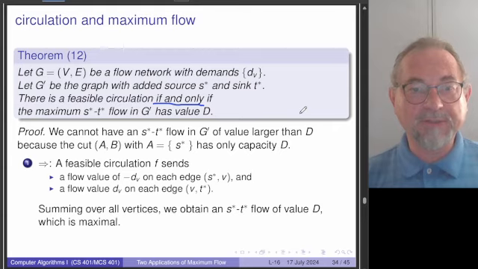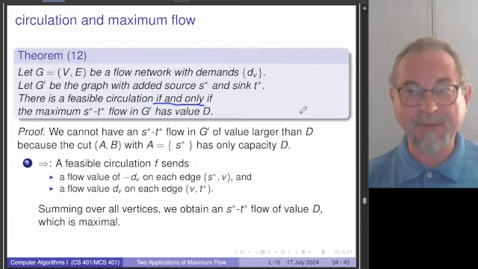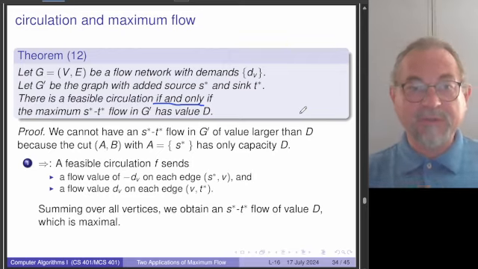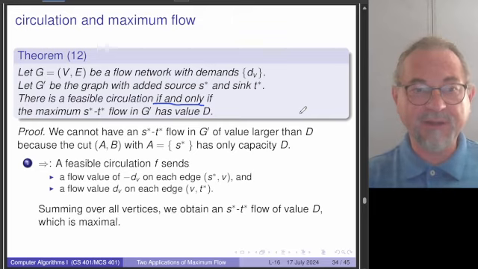It's important to know that if we run the Ford-Fulkerson algorithm, we also compute a minimum cut, and that minimum cut equals the maximum flow. So what does it actually mean if we have a feasible solution?